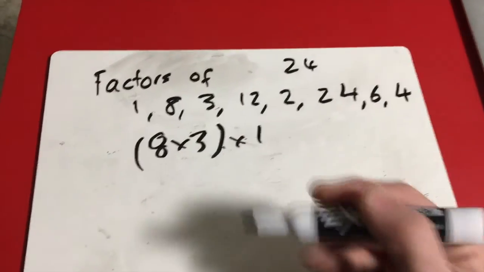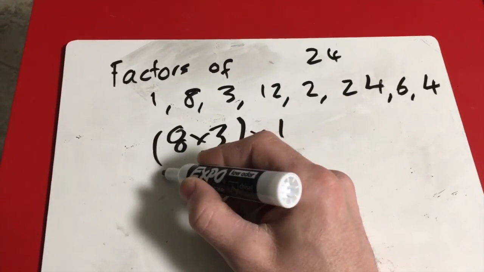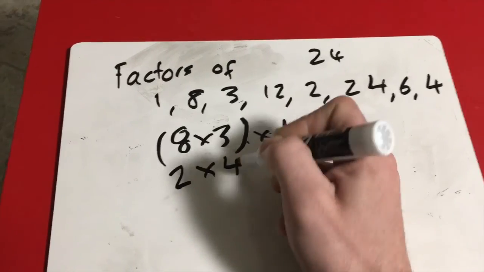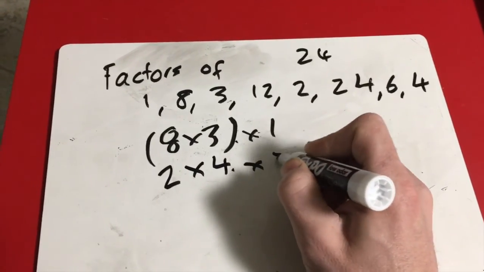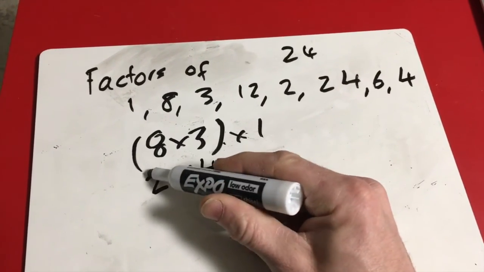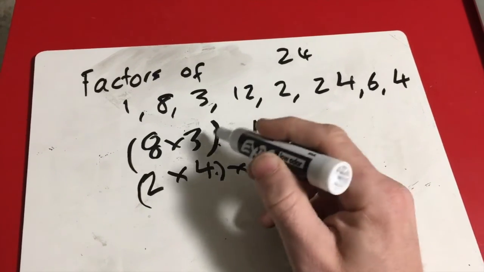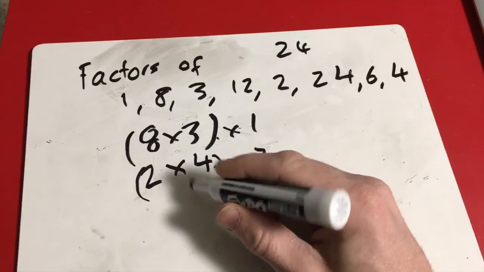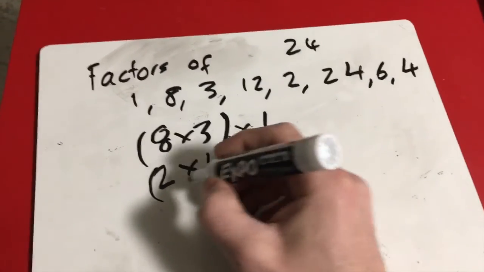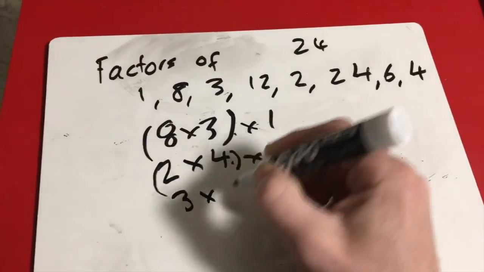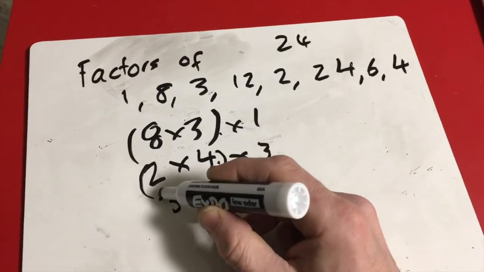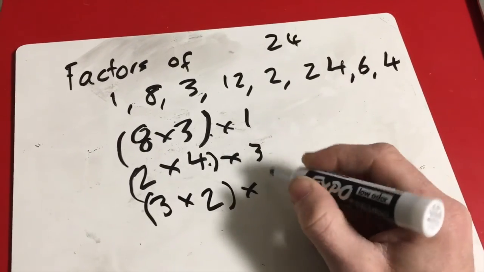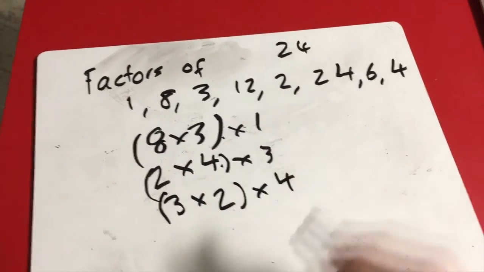Now my next step is to think about the boxes such as 2 times 4 times 3, where I've now factored down 8. For 6 I could have 3 times 2, which is times 4.